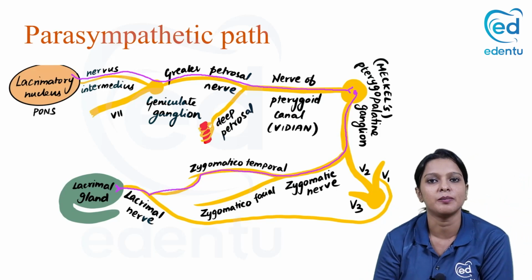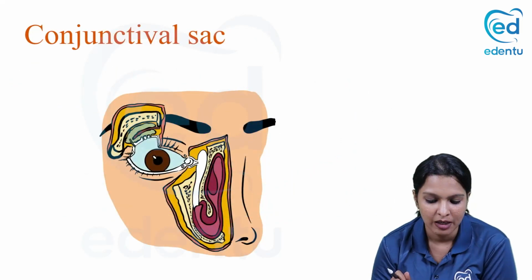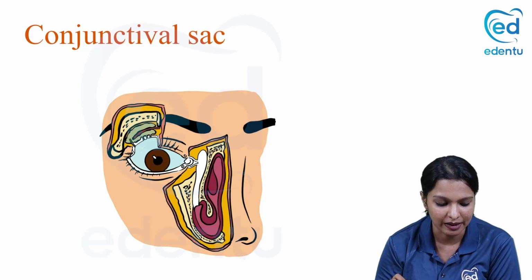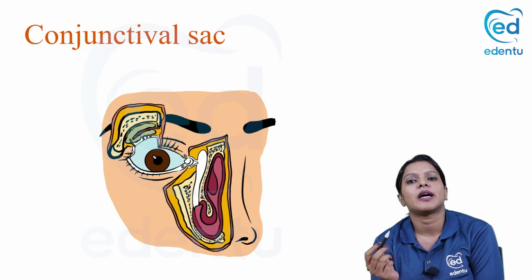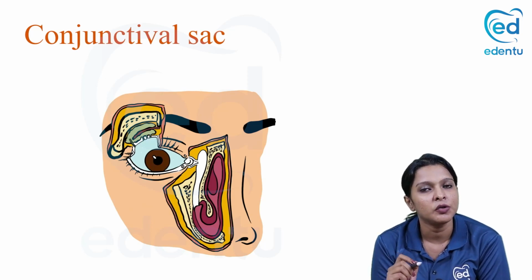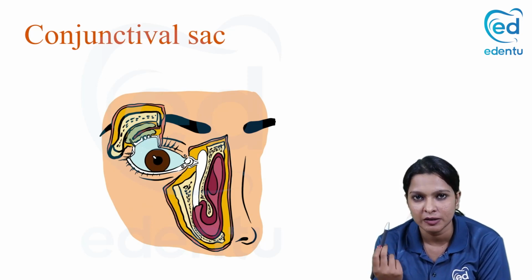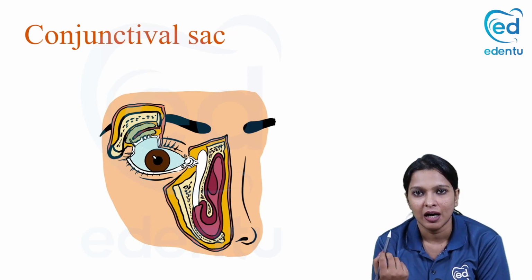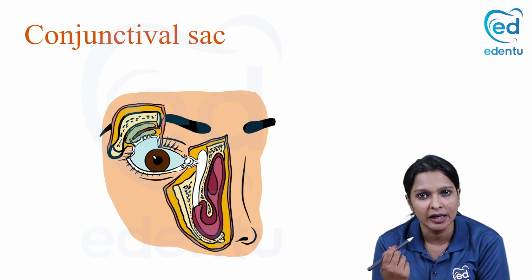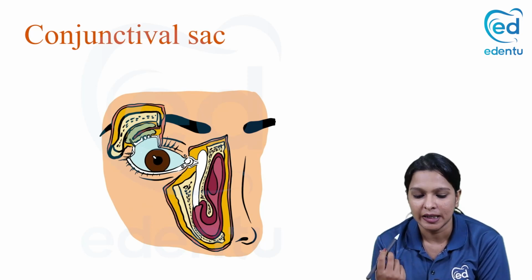This is very important. Next we'll move on to the conjunctival sac, which I already mentioned. The conjunctival sac is formed between the two layers of conjunctiva. What are the two layers? The bulbar layer is present covering the eyeball and the palpebral layer is present on the inner aspect of the eyelids.